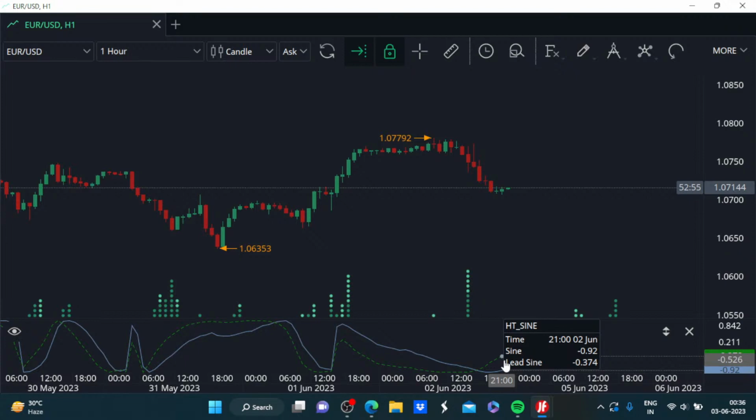If we had sine value on the lower side with lead sine on the higher side in positive territory, then we could have been in a situation to say that the trend is strongly bearish.